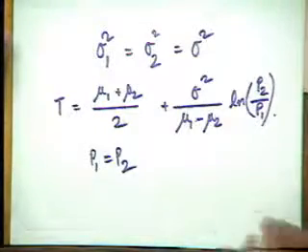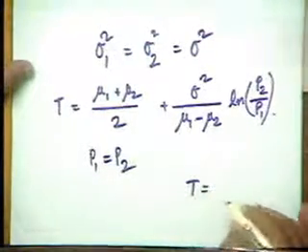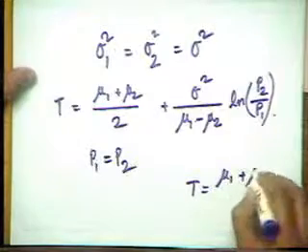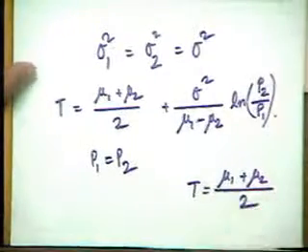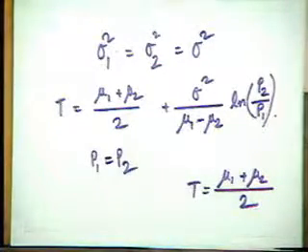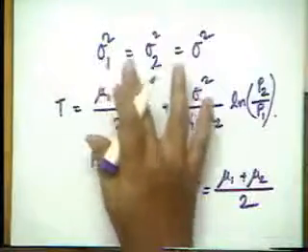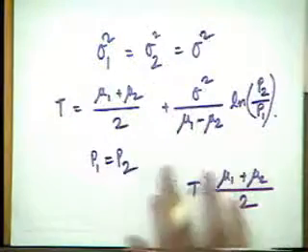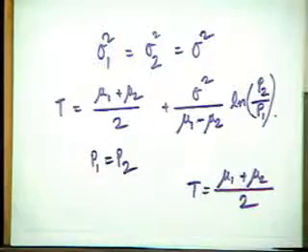We get T as simply (mu 1 plus mu 2) divided by 2, which means it is becoming an average of the 2 means, the mean of the dark region and the mean of the bright region, and taking the average of these 2 leads to an optimal threshold, provided that we have sigma square 1 and sigma square 2 as equal and P1 equal to P2.